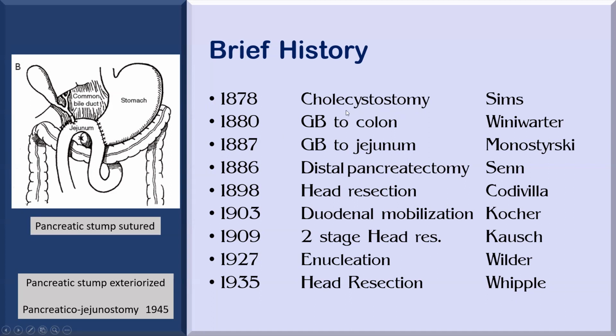And when they found that was a nuisance, somebody put the gallbladder to the colon. As you can imagine, that is fairly disastrous, with a great lot of infection and a lot of morbidity. And then they felt the colon is not a good place to put it in. So they put it into the jejunum with a lot more success than the gallbladder to the colon anastomosis.